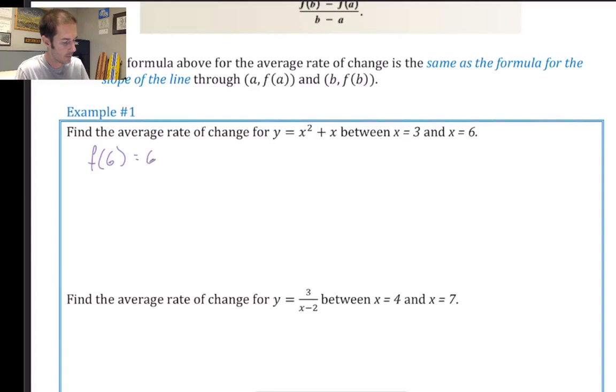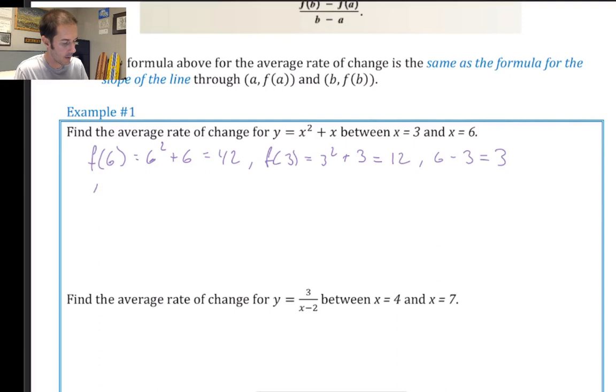So we have 6 squared plus 6, which is 36 plus 6, which is 42. And f of 3, we will need that also. 3 squared plus 3, 9 plus 3 is 12. And we'll need 6 minus 3, which is 3.